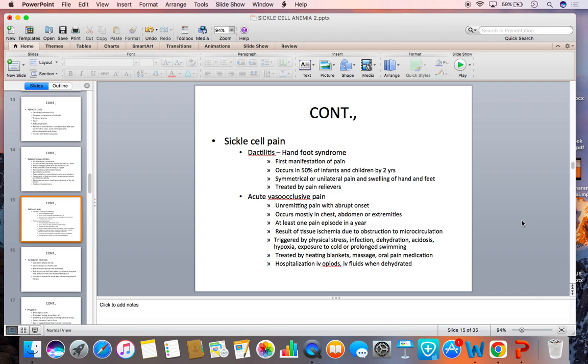Triggered by physical stress, infection, dehydration, acidosis, hypoxia, exposure to cold, and prolonged swimming. That is the reason why you have to caution the patients not to take a bath in cool water.